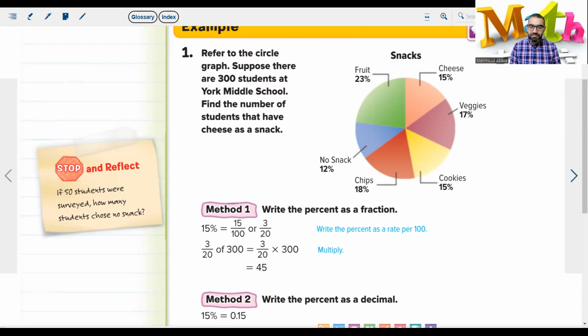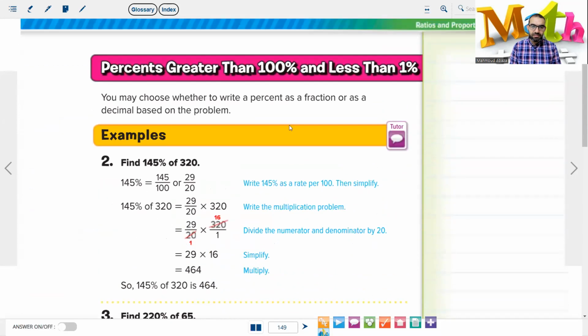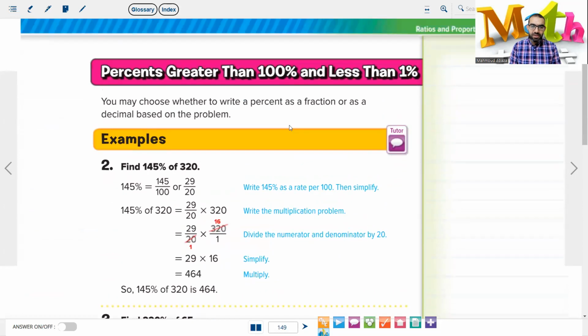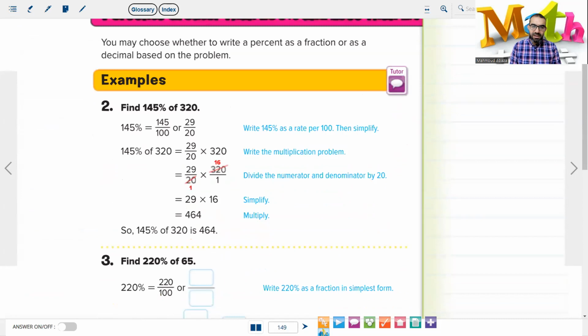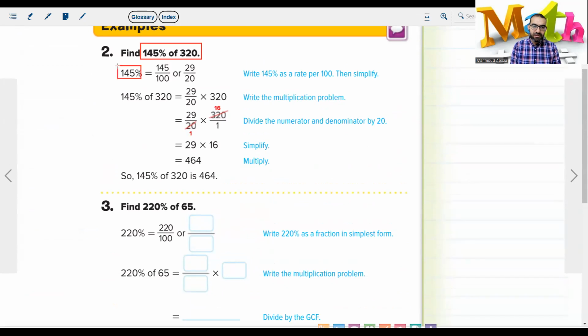Moving on. We can do the same with percents greater than 100% and less than 1%, the same method. For example, we need to evaluate what's 145% of 320. 145% is like 145 over 100. Of course, we can divide by 5 up and down, which gives you 29 over 20.